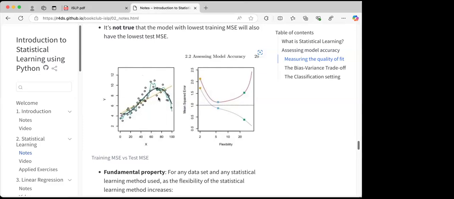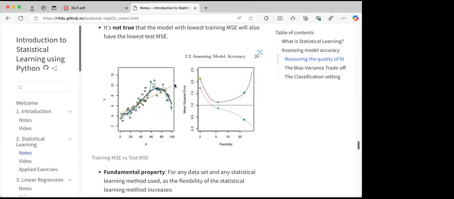The orange line is the linear model, which is how it fits the data. We can see that this is not a very perfect fit. Then we have the blue curve and also the green curve.